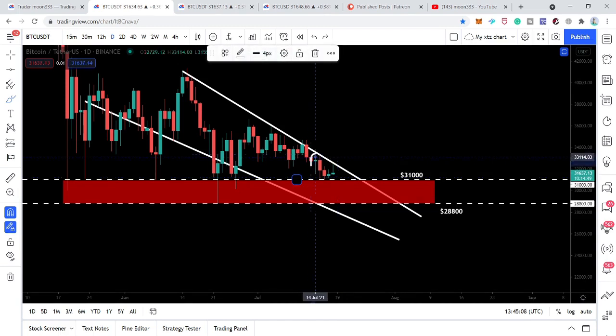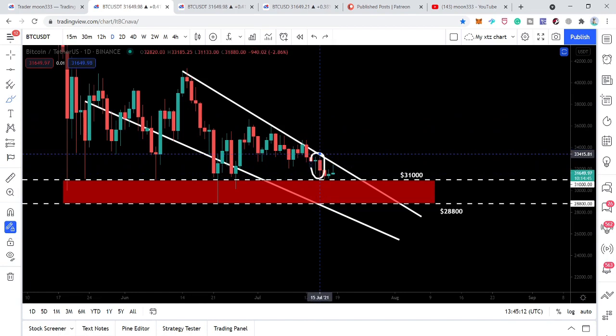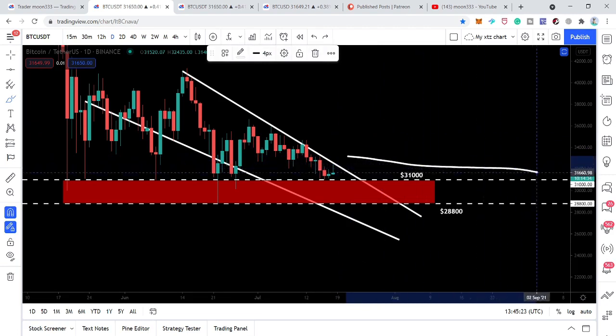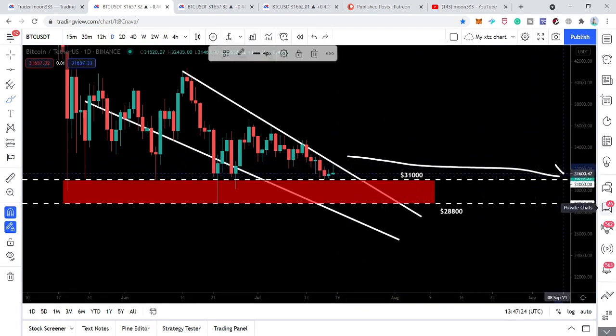The first doji dragonfly candlestick appeared here, this green one, and then again this doji dragonfly candlestick has appeared here. If we take a look at the time period of this candlestick, we have 10 hours left until it ends. Therefore it is possible that the candlestick will change.